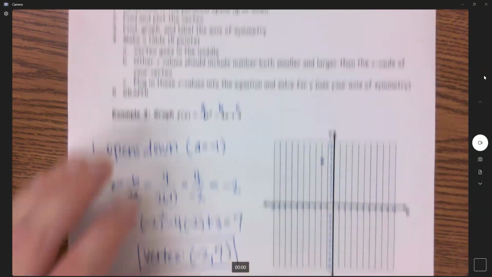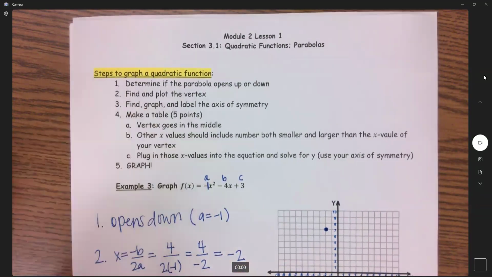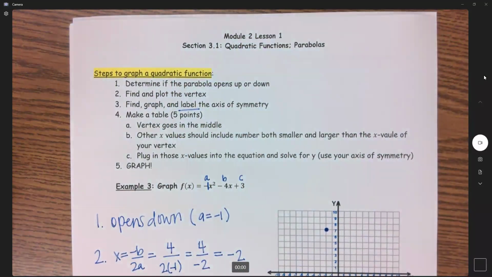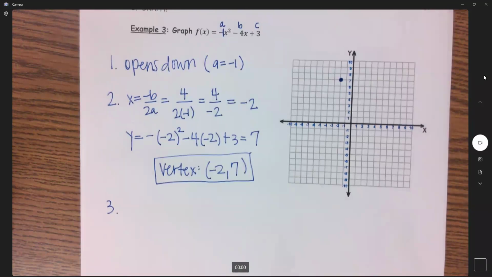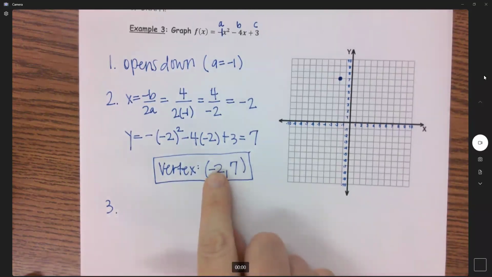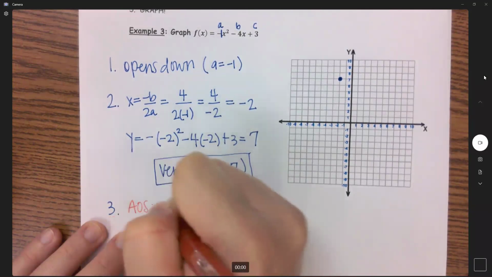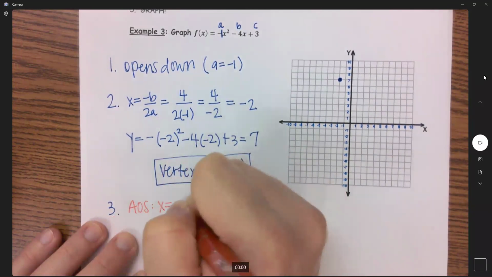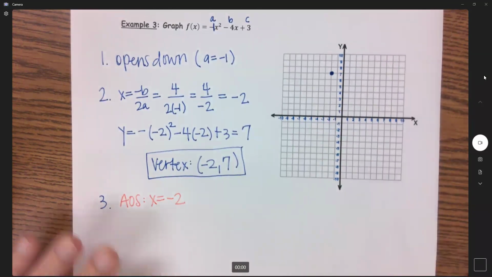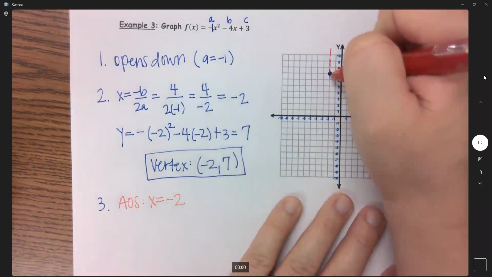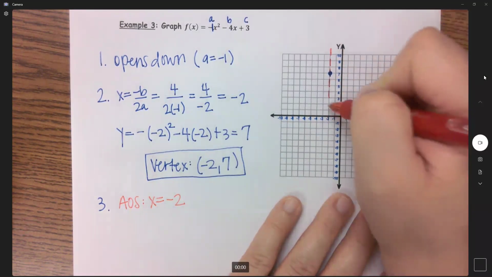Then the third thing we need to do is find, graph, and label the axis of symmetry. Well, my axis of symmetry is just x equals my x coordinate. So axis of symmetry is x equals -2. So I'm going to put a dashed line through that vertex here.